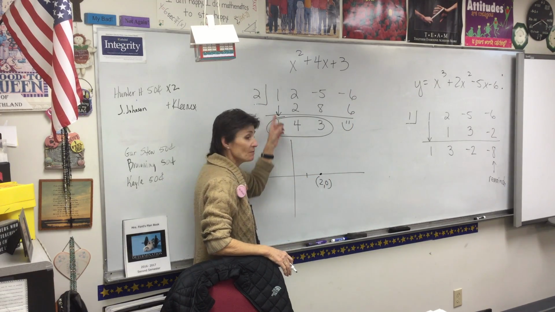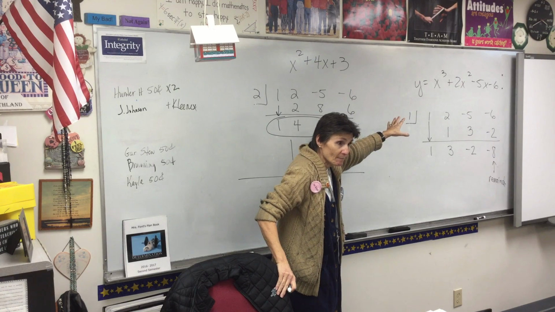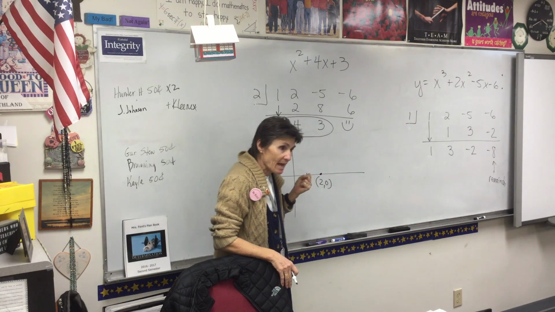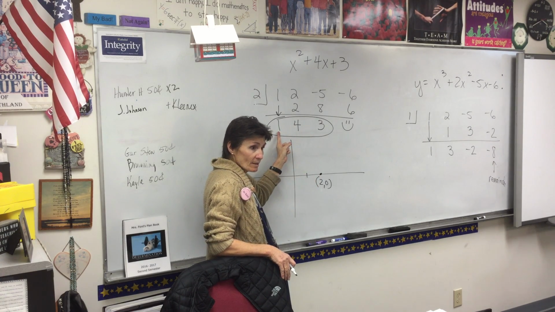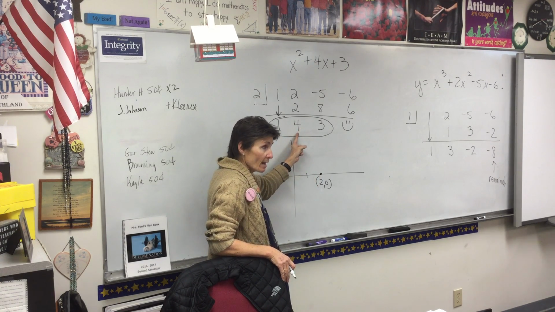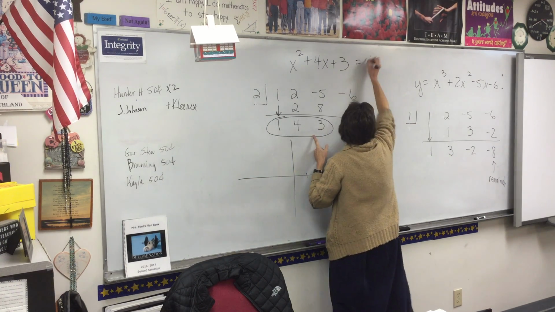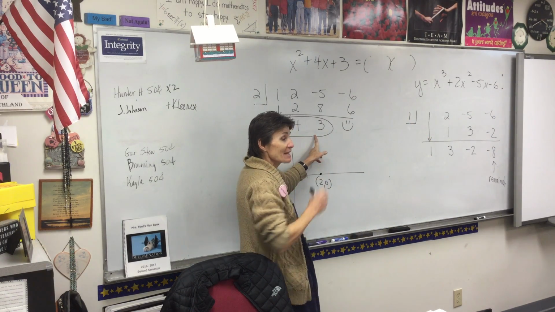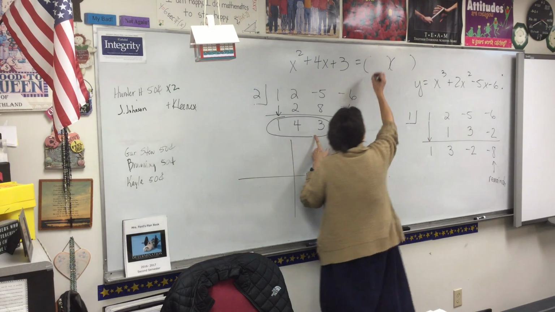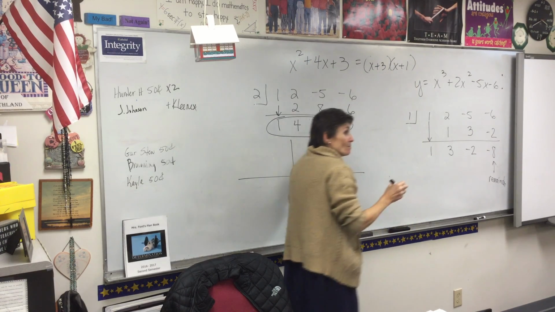Because when you did the division, it started out as x cubed, but you divided an x out of it. And so now it's x squared plus 4x plus 3. And that factors, you don't need any tricks. You can do that one. How does that factor? X plus 3, x plus 1.